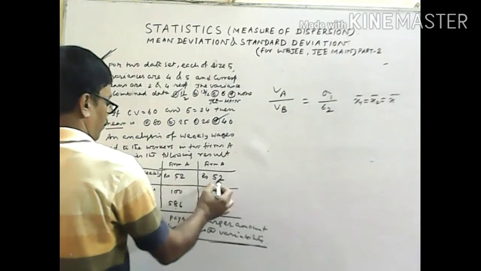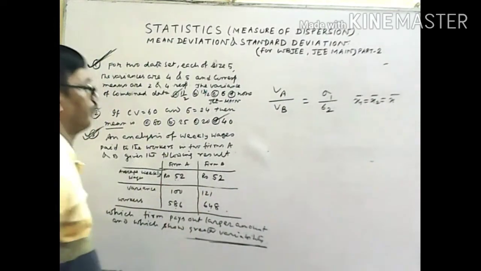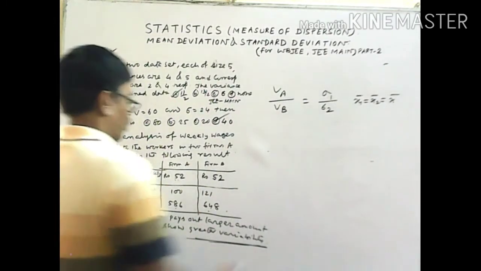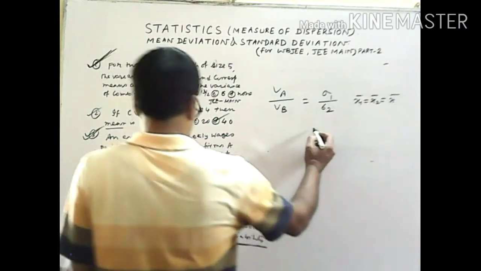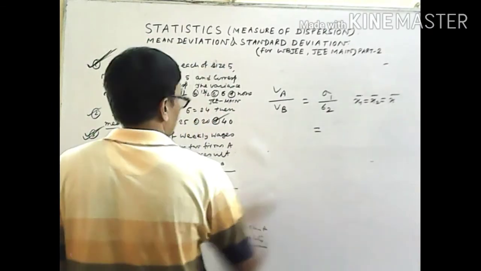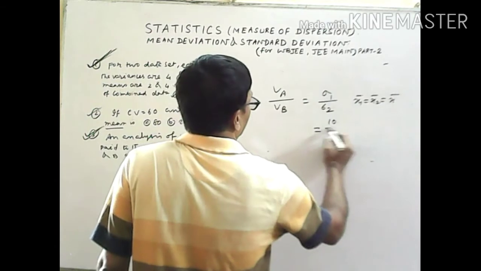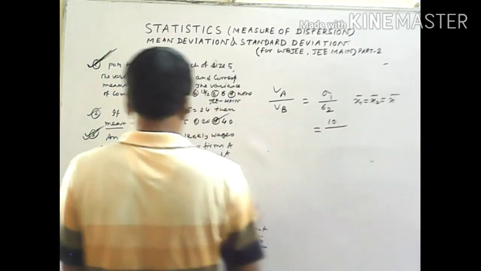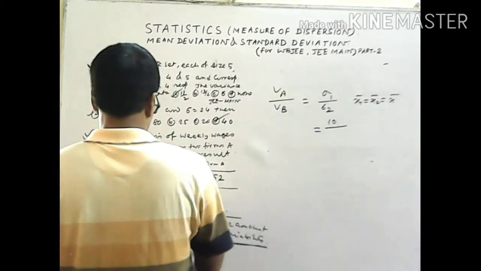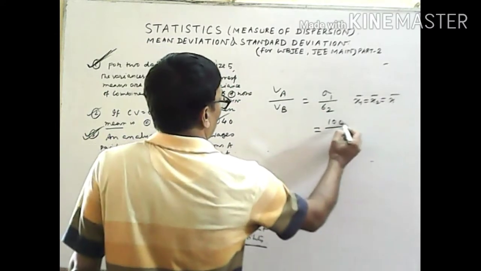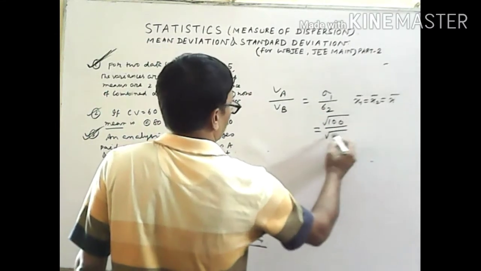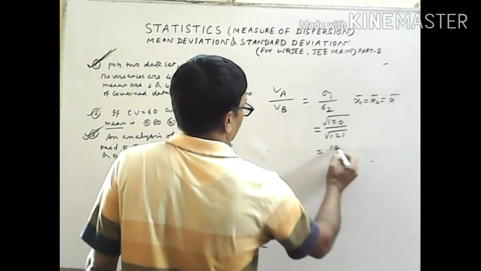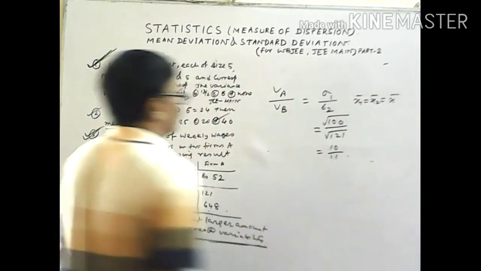They have the same mean. So sigma 1 by sigma 2 is root over 100 by root over 121, so 10 by 11.